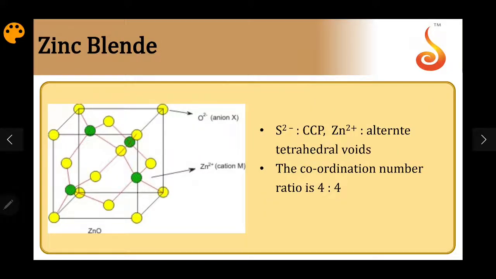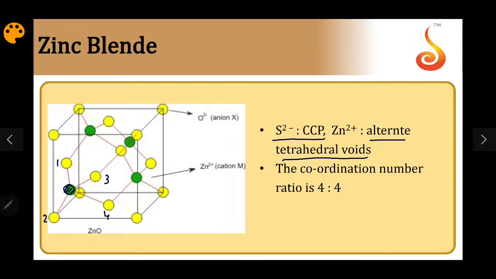Zinc blende, ZnS. Here the structure is that sulfide ions form CCP or FCC, and alternate tetrahedral voids are occupied by zinc. The green one that we see is zinc. You can see the tetrahedral void, this green one. So 1, 2, 3 and 4.